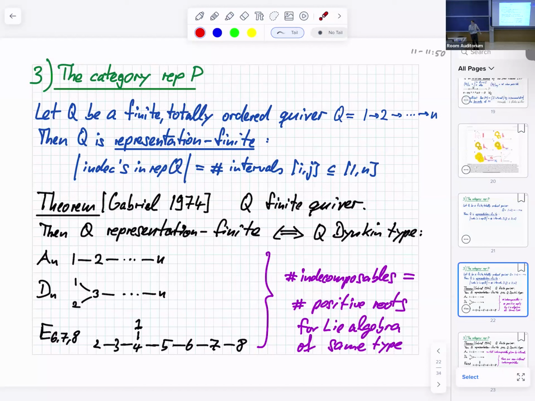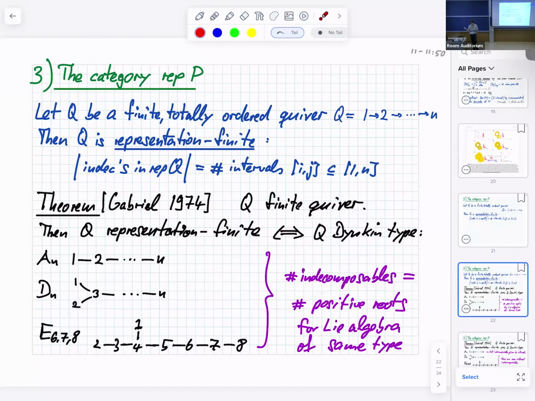The link is more detailed because you can count the number of indecomposables for each of these quivers. In Lie theory, there's a system of roots for a Lie algebra, and they come in two sorts, positive and negative roots. They have equal cardinality. If you count the number of positive roots, you get the number of indecomposables for these quivers.